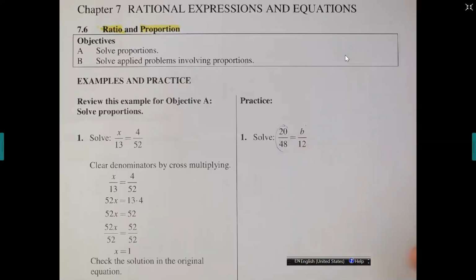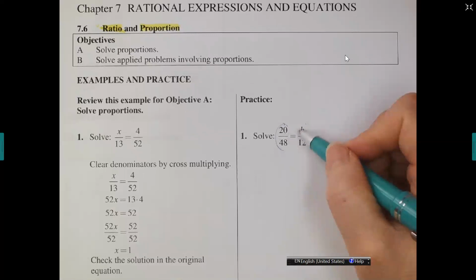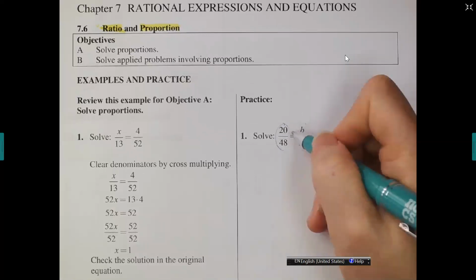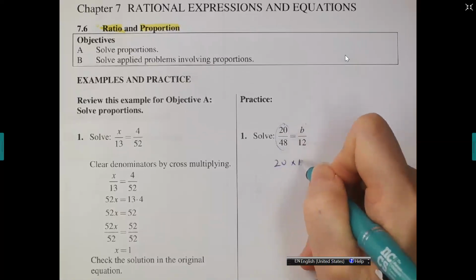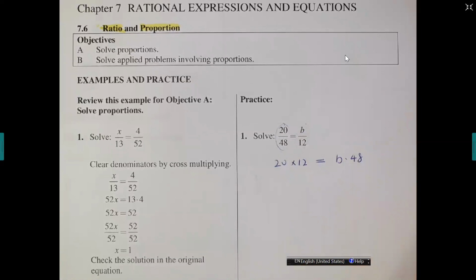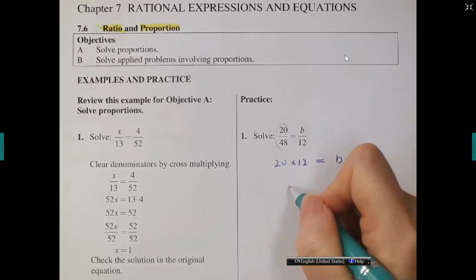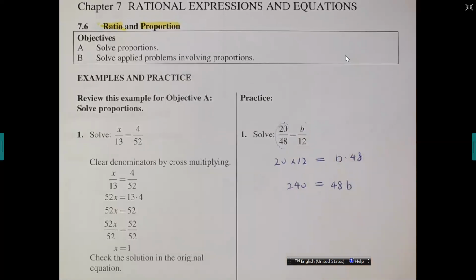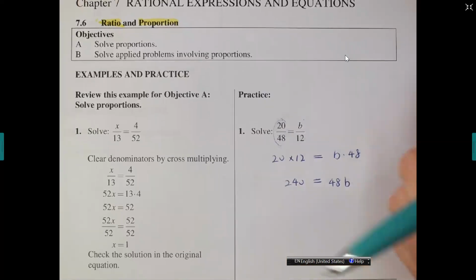So then what do we do now? We just cross multiply the terms. We have 20 times 12 equals b times 48. Rewrite this. We got 240 equals 48 times b. When we cross multiply, what do we have?